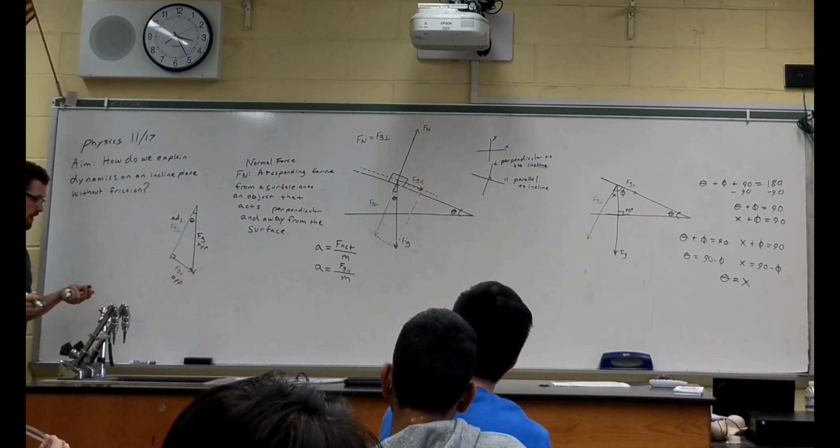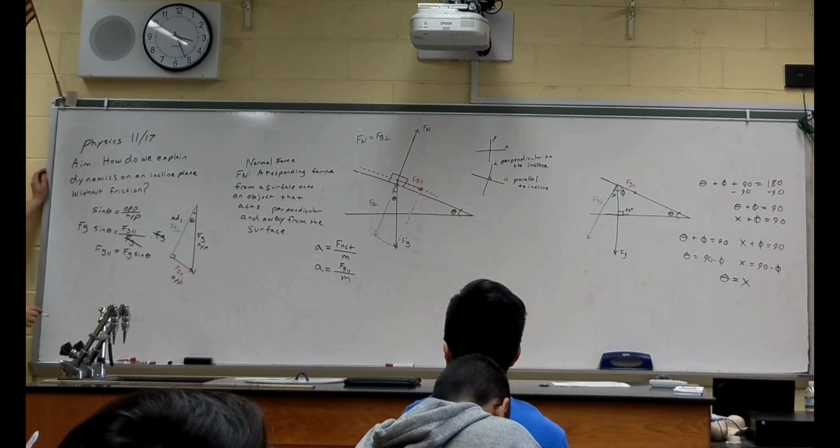The sine of theta is opposite over hypotenuse. So sine of theta is FG parallel over FG. If I multiply both sides by FG, it cancels out, and we get FG parallel equals FG sine theta.